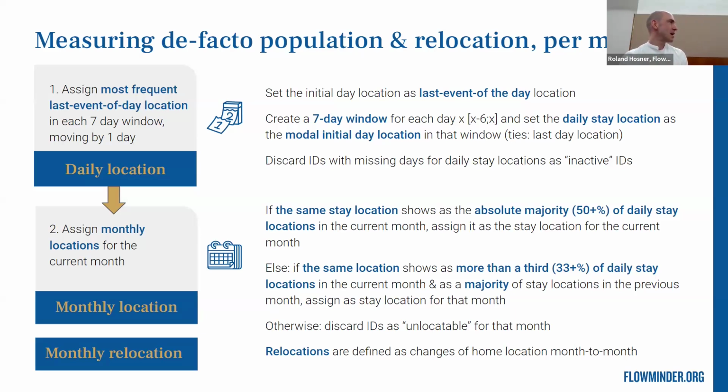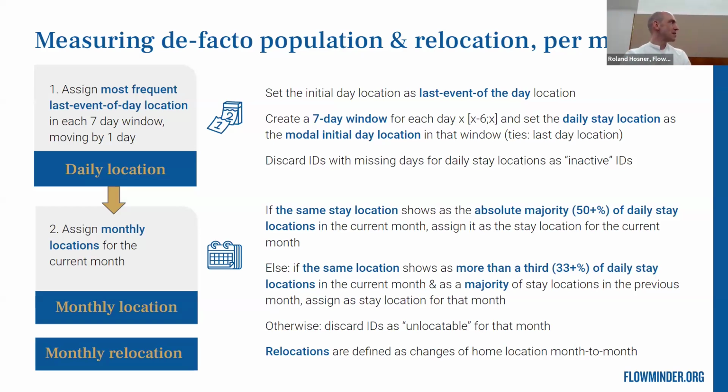Of course, this doesn't have to be always the same place or the same admin area, the same district, for example. But if a majority of these derived daily locations is the same location, then this becomes the monthly stay location, or home location, as it's also called in the literature. Then there's a fallback rule.